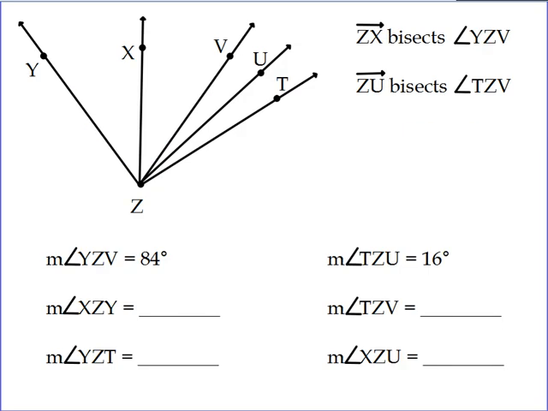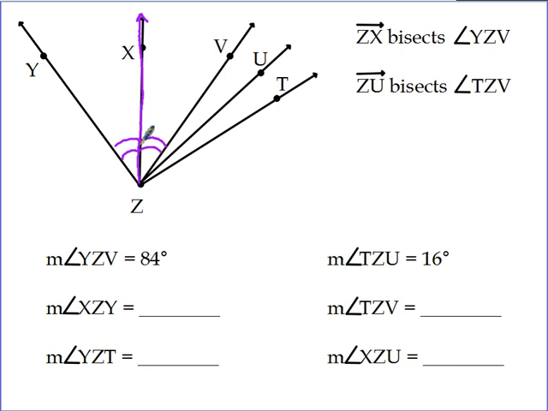Now this one has two bisectors. So there's a little more going on in this one. So I'm going to draw it as best I can here. ZX, so here is ZX. ZX bisects YZV. So that means this piece and this piece are equal. They are the same.